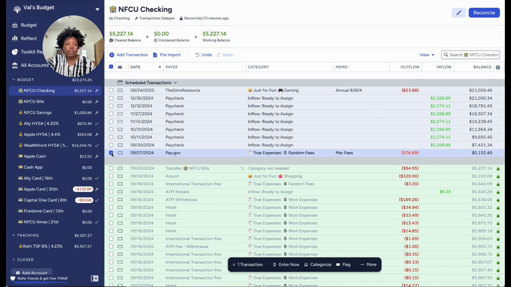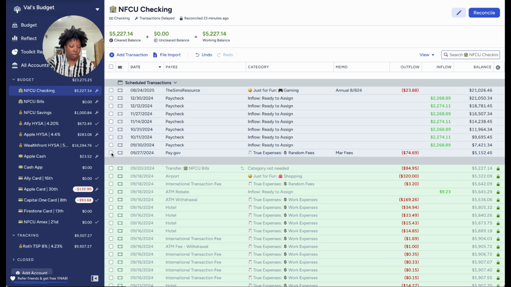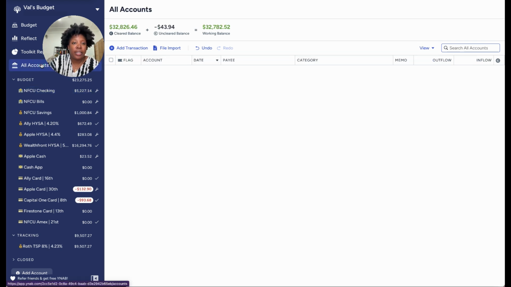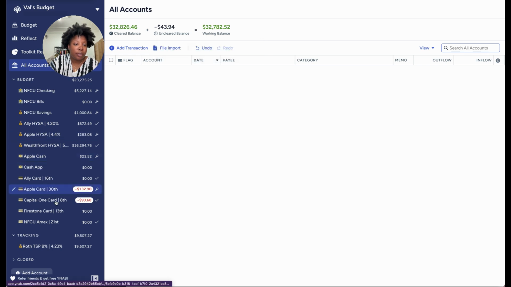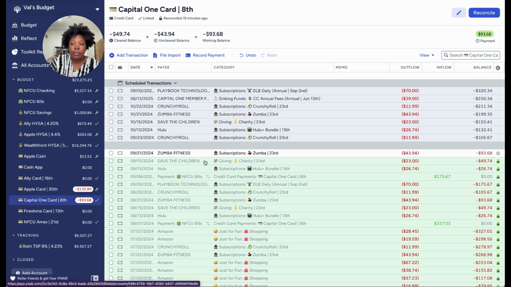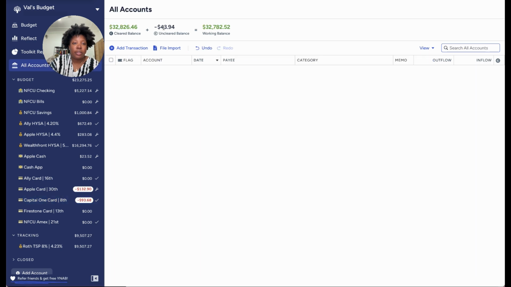All right, so we are good to go for that. We have no pending transactions. The only thing that is uncleared is the Zumba fee that is pending on my Capital One card. Other than that, we have a cleared balance for everything.